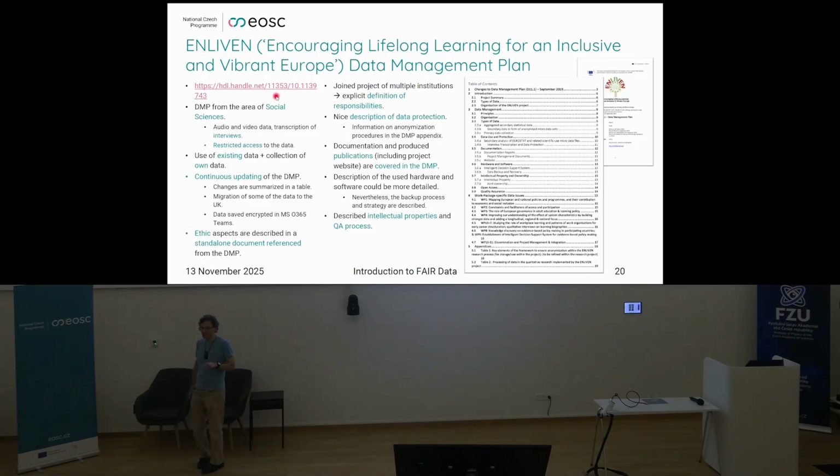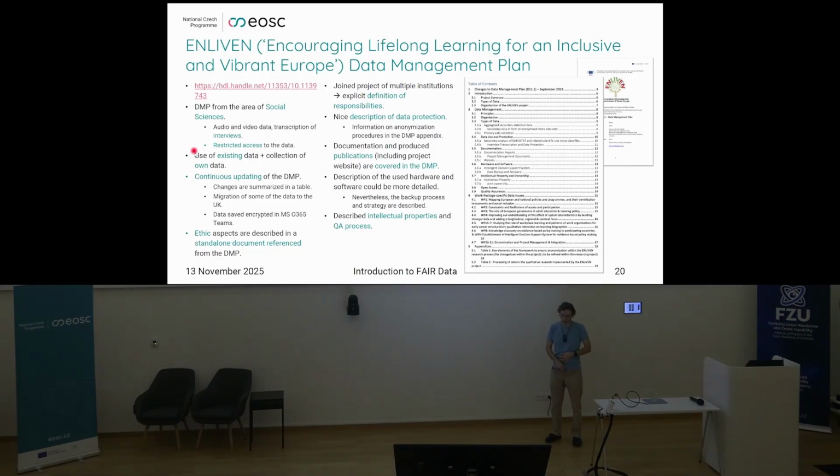But that's not important, just to show you another example of a PID. So at this URL, you can get this document, a few years old data management plan for some Horizon Europe project. And I'm using it as an example, as it has several interesting properties.